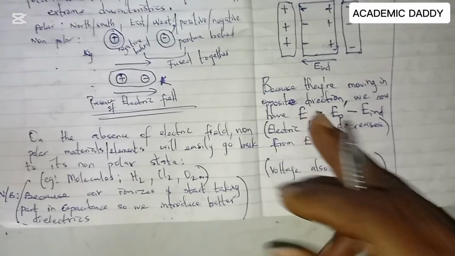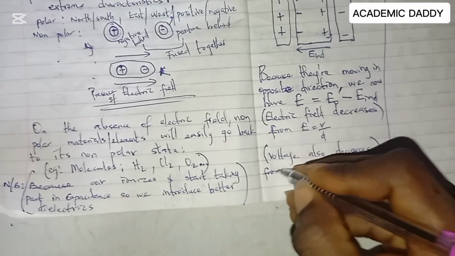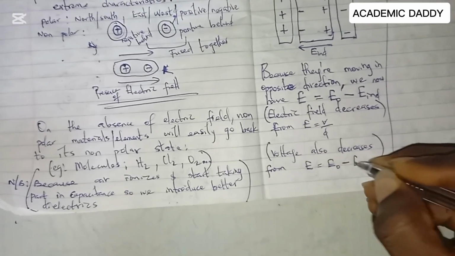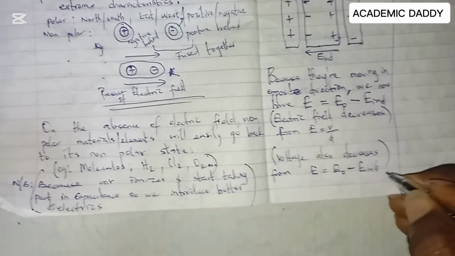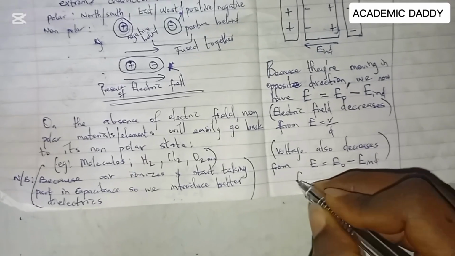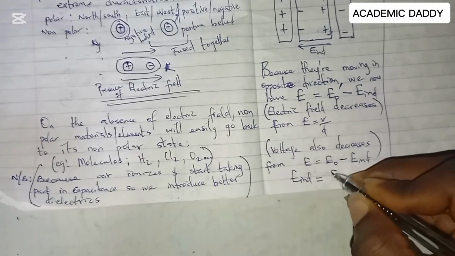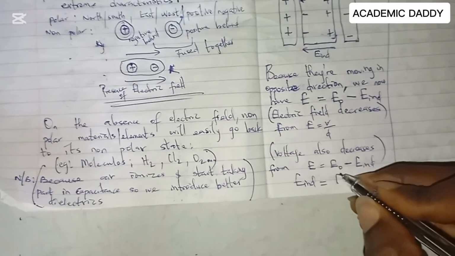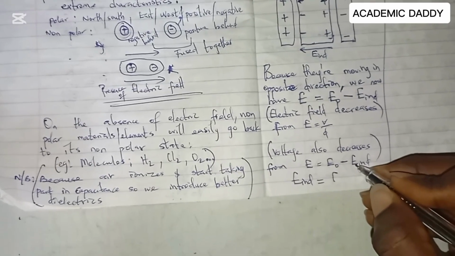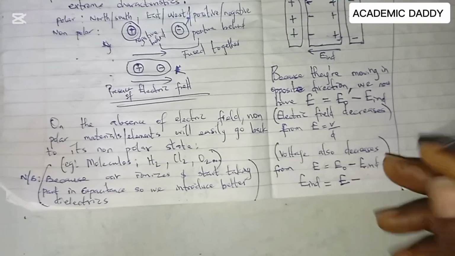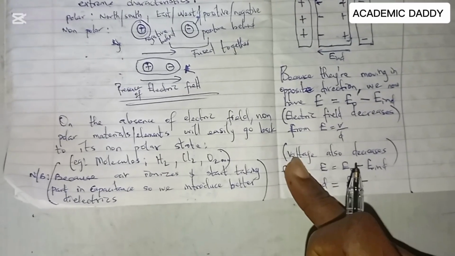So from E equals E naught minus E induced, we can make E induced the subject of the formula. E induced will be equal to E naught minus E. Like this one goes over here, it becomes positive.